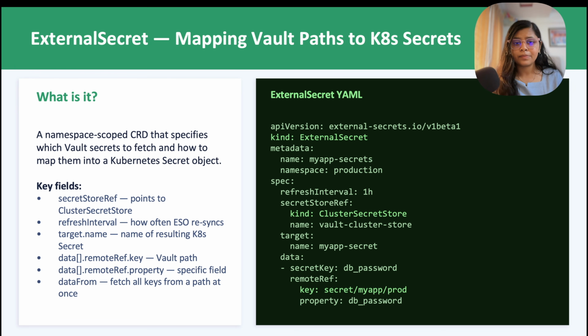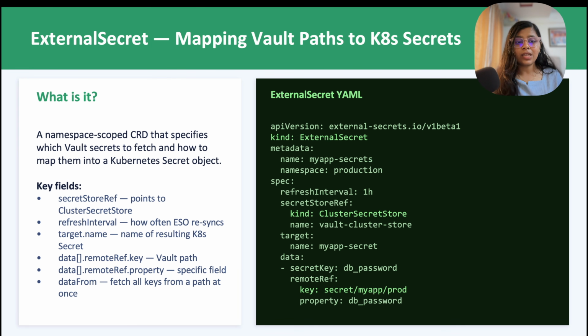First, we define the API version, then we define the kind, then metadata, where we define name as well as namespace, followed by the spec. Inside of the spec, we define refresh interval, which is 1 hour. You can change it. What is a refresh interval?